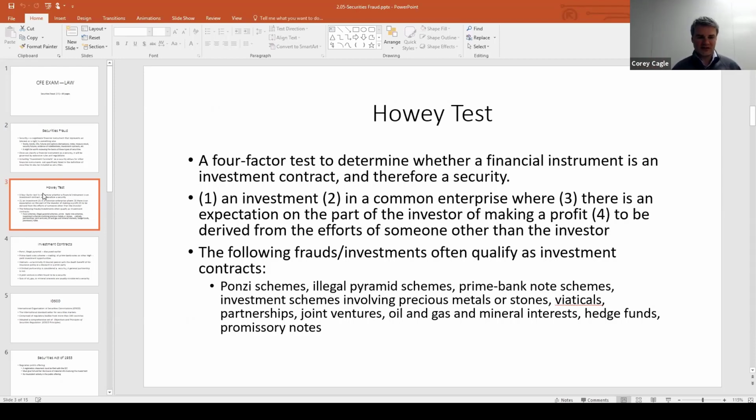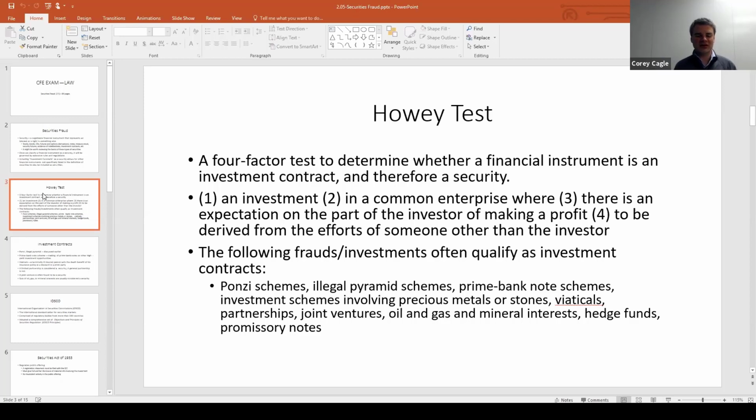So that test is: is it an investment? Is it an investment in a common enterprise? Is it an investment in a common enterprise where there is an expectation of making a profit if you're an investor? And is that derived from the efforts of somebody other than you, the investor? Those things would make it an investment contract and therefore a security.